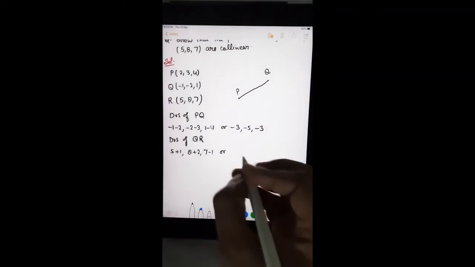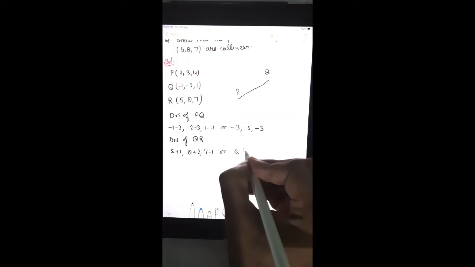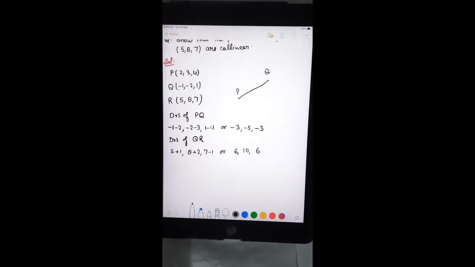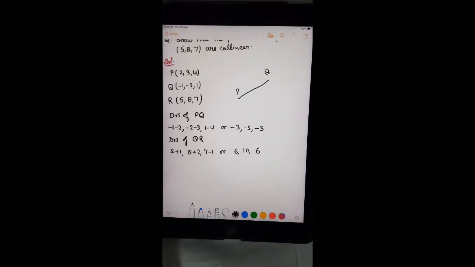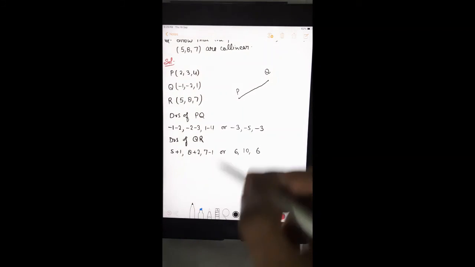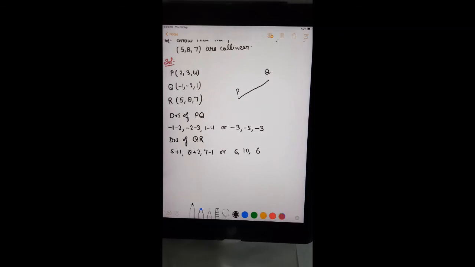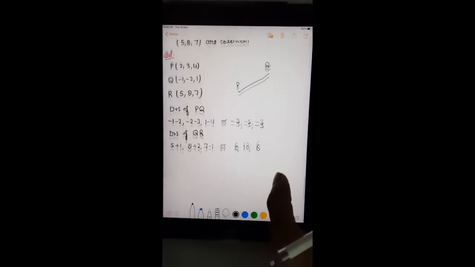So on simplification we will get 6, 10 and 6. Now check if the direction ratio of PQ and the direction ratio of QR are proportional. If we multiply the direction ratio of PQ by -2, then we will get 6, 10 and 6.